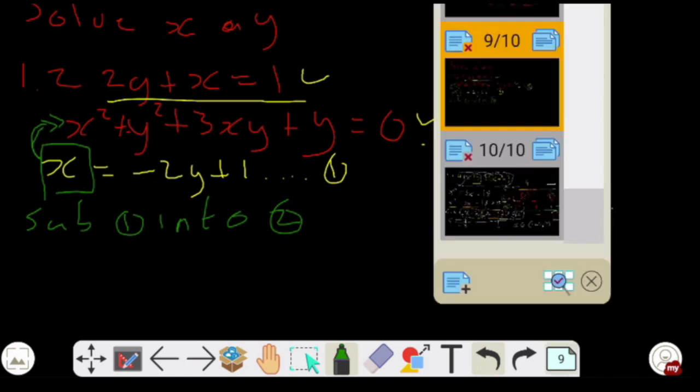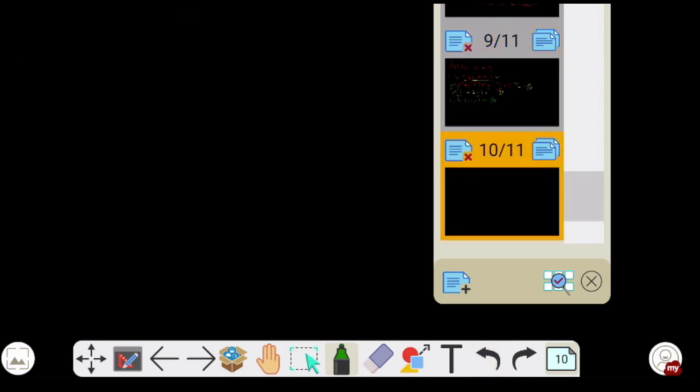I'm going to run out of space because normally simultaneous equations are very, very long questions. So I'm going to rewrite this and say x equals minus 2y plus 1.